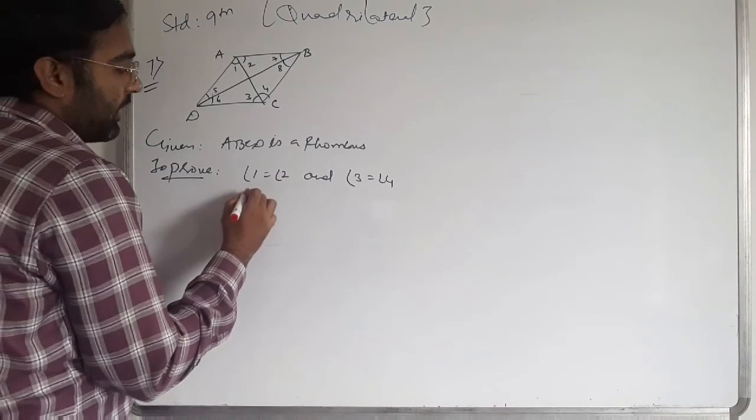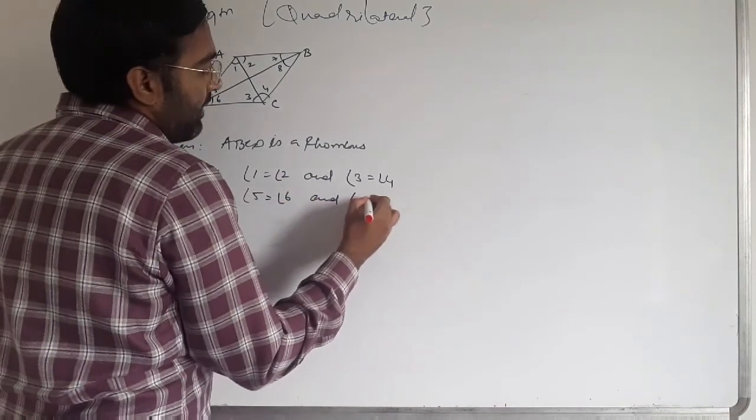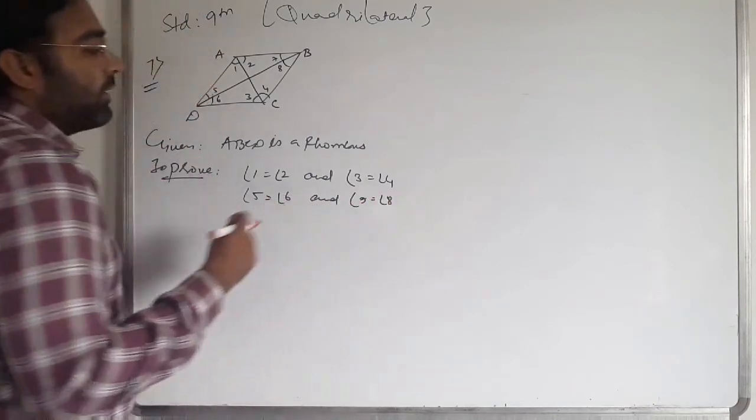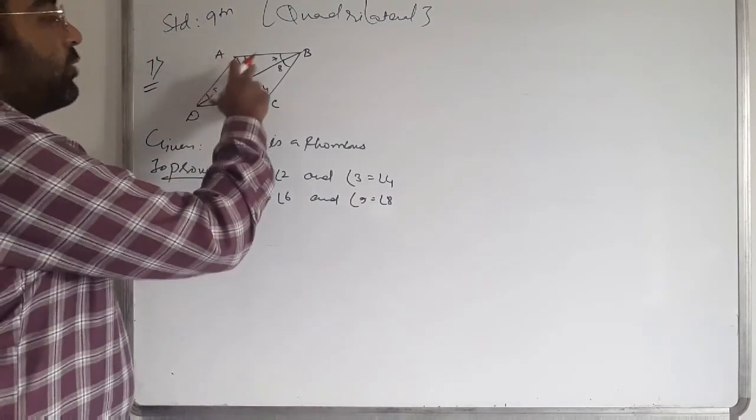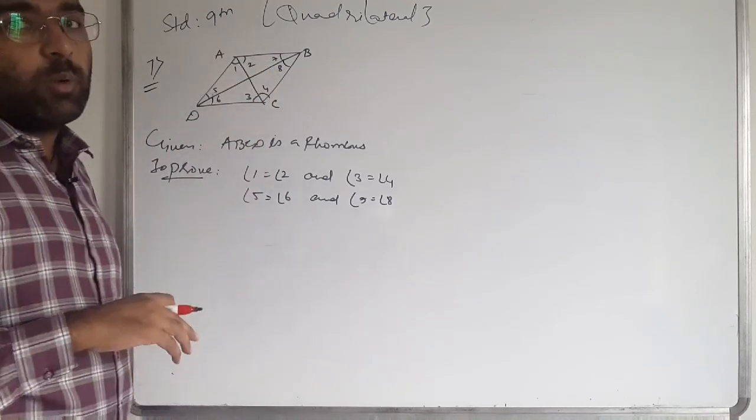So we need to prove that angle 5 equals angle 6 and angle 7 equals angle 8. We need to prove that 1 and 2 are equal, 3 and 4 are equal, 5 and 6 are equal, and 7 and 8 are equal.